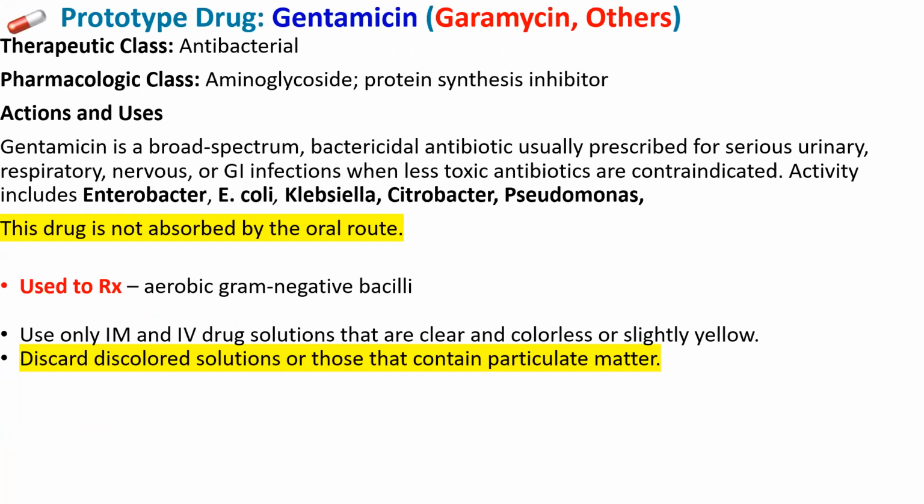Gentamicin is a broad-spectrum bactericidal antibiotic, usually prescribed for serious urinary infections like UTIs, respiratory infections like upper respiratory tract infections, nervous system infections, or GI infections, when less toxic antibiotics are contraindicated.